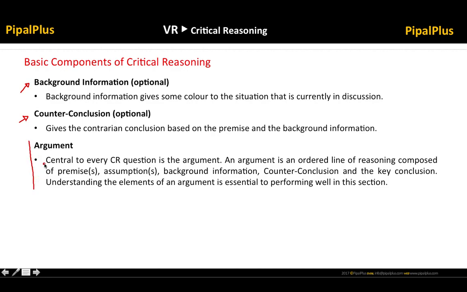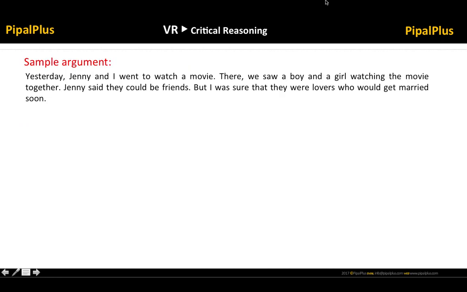Now, with these basic definitions in mind, I'm going to take you to an example, and we'll break it up one piece at a time and see how each of these components fit in. So let's look at this sample argument. Yesterday, Jenny and I went to watch a movie.